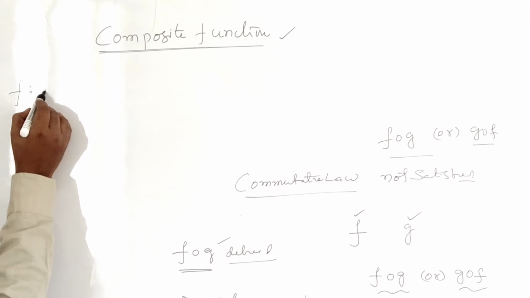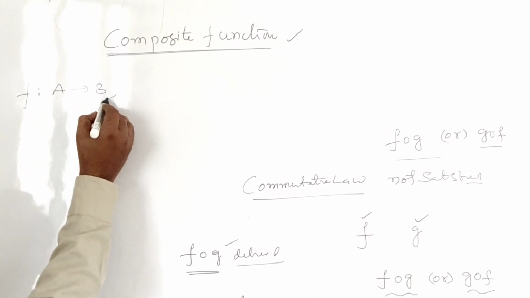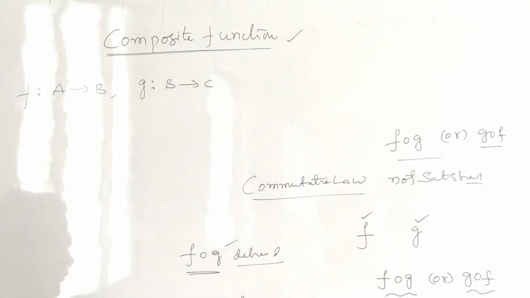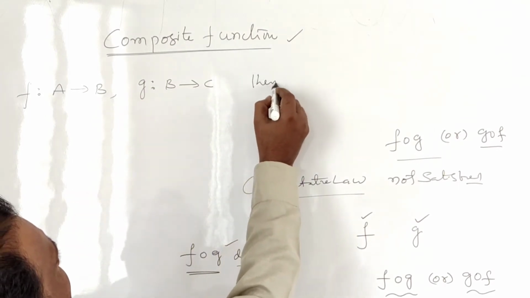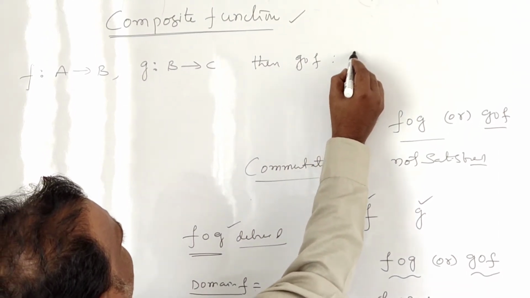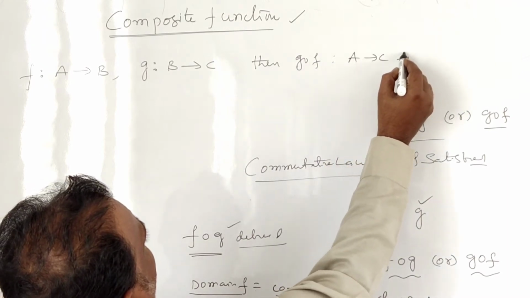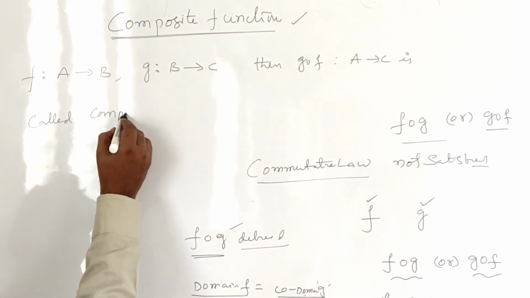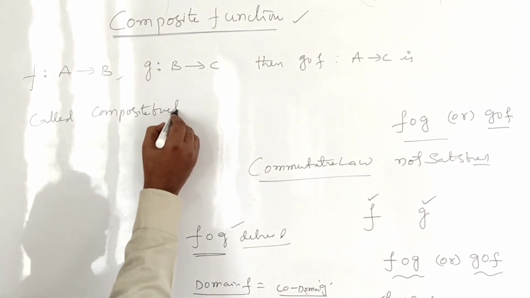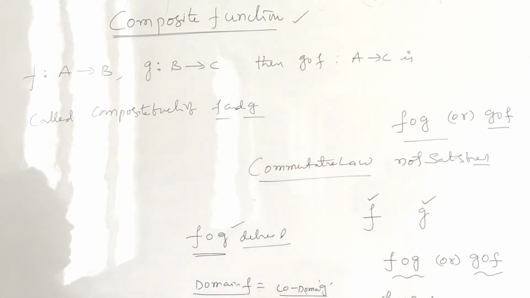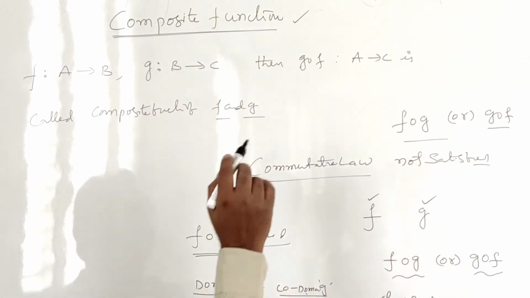Let f be a function mapping from A to B, and g another function mapping from B to C. Then g circle f, mapping from A to C, is called the composite function of f and g. So we always say that the composite function of f and g is g circle f. How does it exist? A to C.